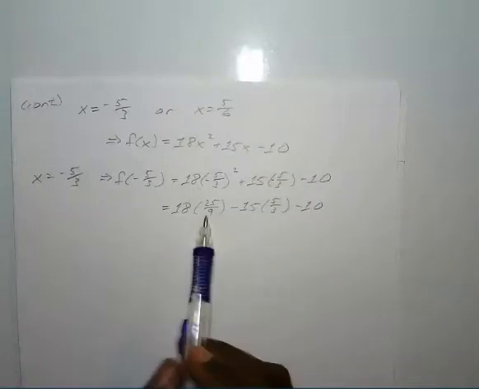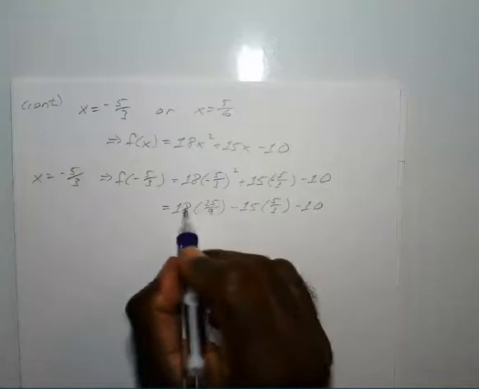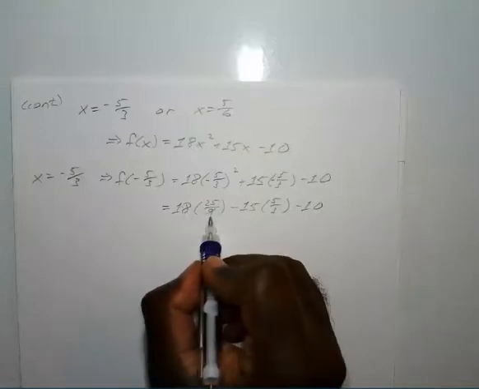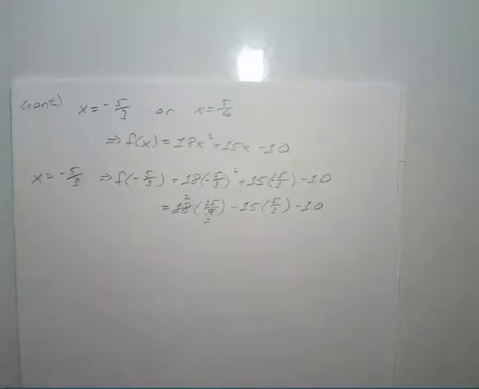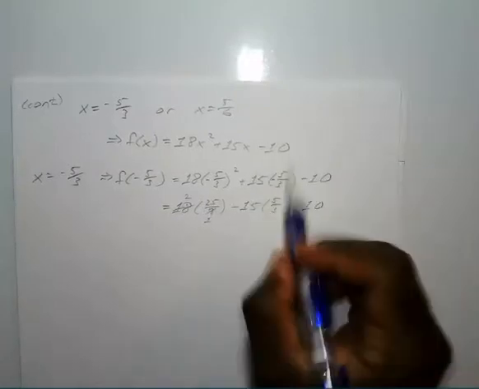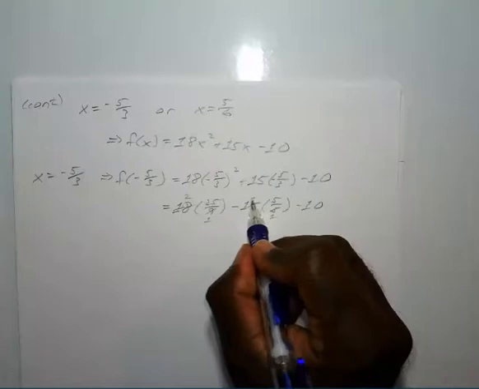Okay, so now we can start to simplify each term. You can cancel out these two, so 9 goes into 9 once, 9 goes into 18 twice. 3 goes into 3 once, 3 goes into 15 5 times.